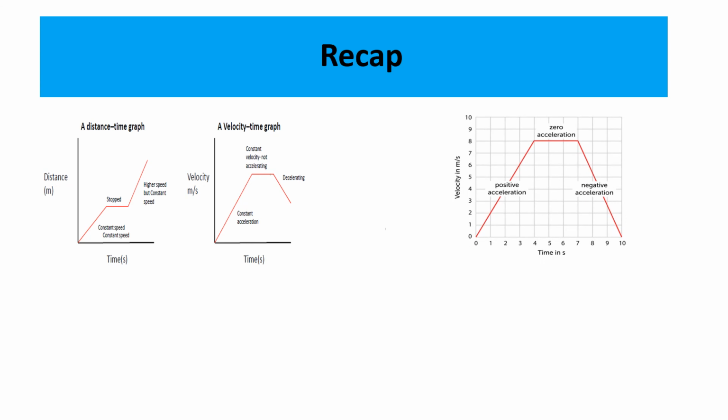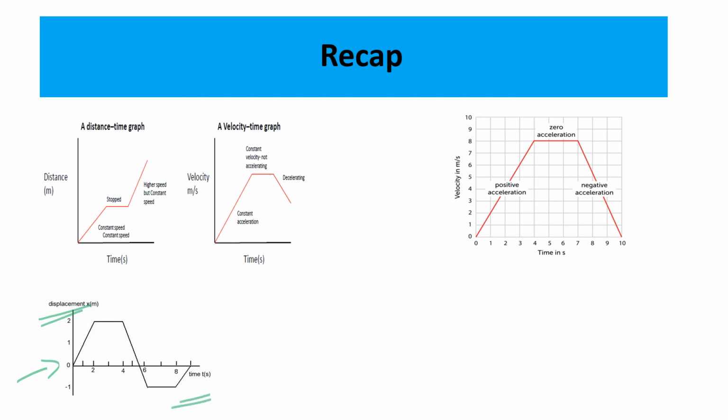Here in this graph also, this velocity is plotted along the y-axis and time along the x-axis. Therefore, this is a velocity time graph which shows positive acceleration, negative acceleration, and zero acceleration. In displacement time graph, displacement will be plotted along the y-axis and time along the x-axis.